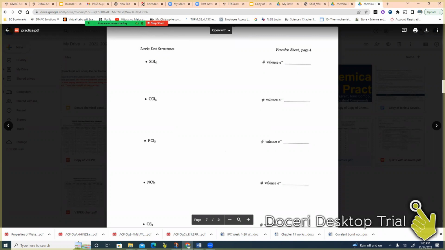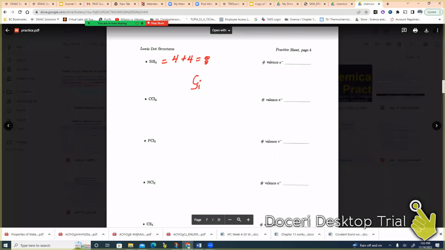All right, so the first one I have is silicon with 4 hydrogens. So the first thing I got to do is make my Lewis structure. So silicon is from group 14, so it has 4 valence electrons, and then my hydrogens have 4. So I have a total of 8 valence electrons to work with. Step one always for a covalent compound, get the total electrons. Second step, put my element that needs to be in the middle. So in this case, silicon. Hydrogens would never be in the central.